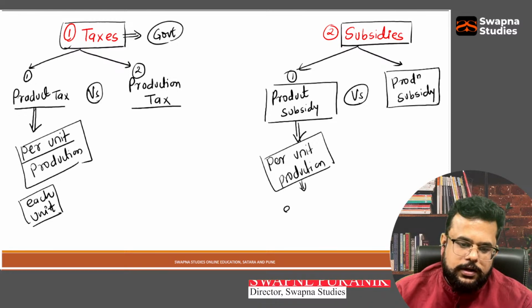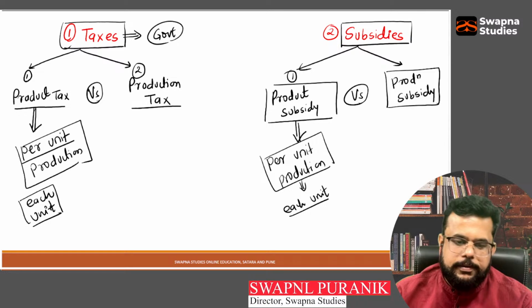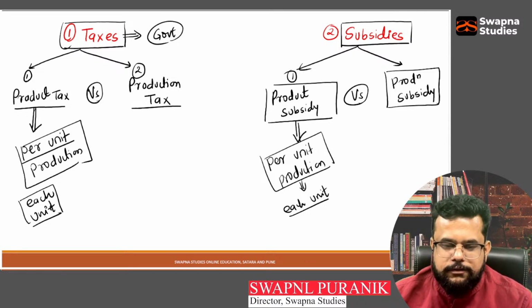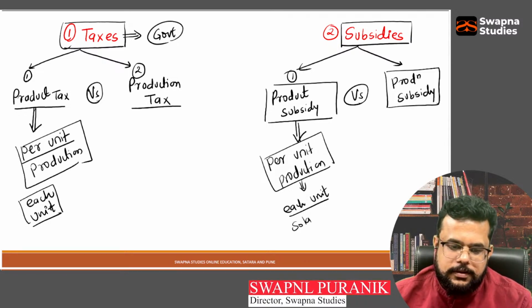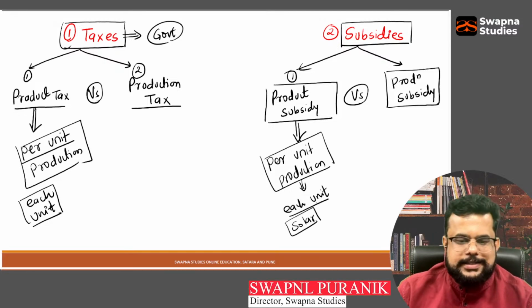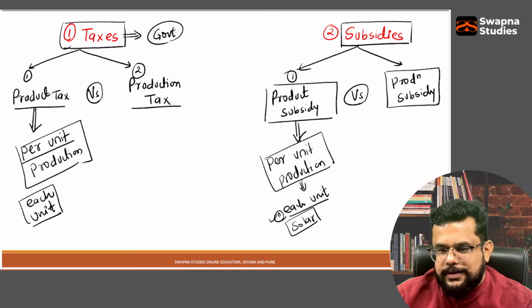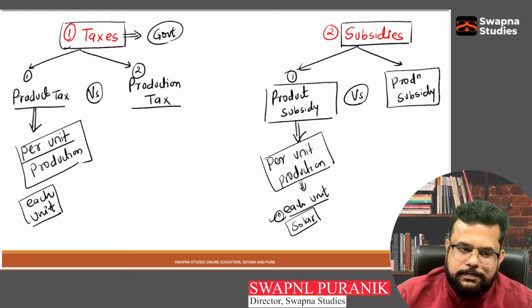That means on each unit of production, per unit. Okay, for example, solar lamps. सोलर की टेक्नोलॉजी में सोलर फोटोवोल्टाइक सेल है या फिर सोलर पैनल्स है, तो गवर्नमेंट ईच यूनिट पे, हर यूनिट पे सब्सिडी देती है. ओके, सो दैट इज प्रोडक्ट सब्सिडी.